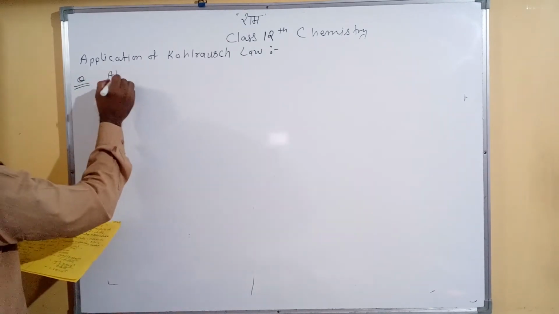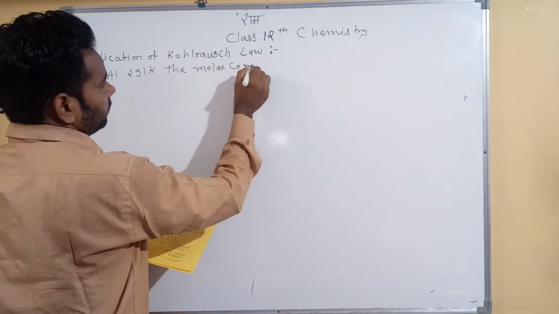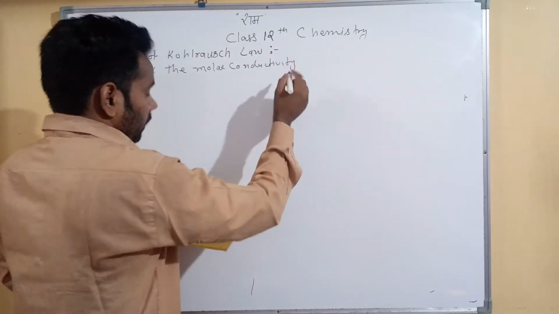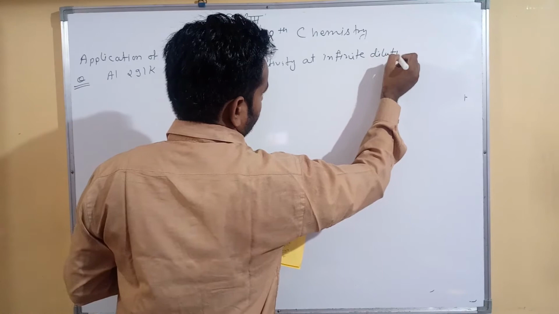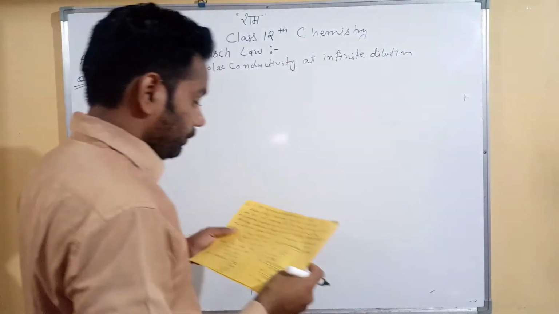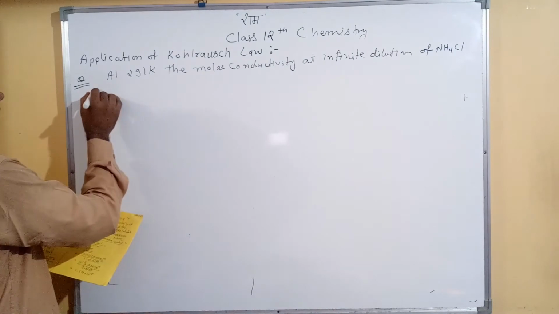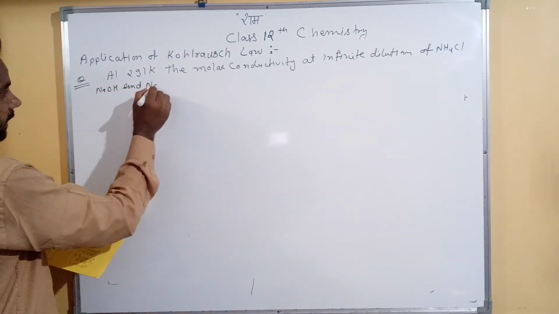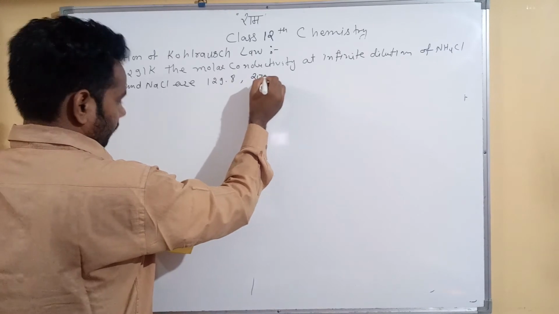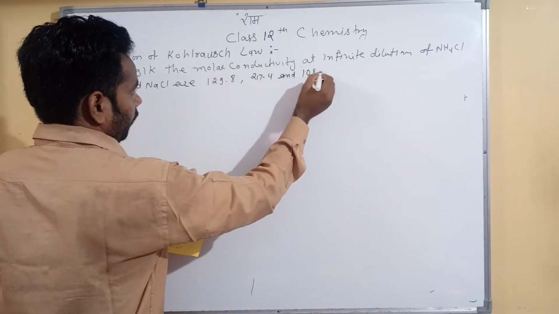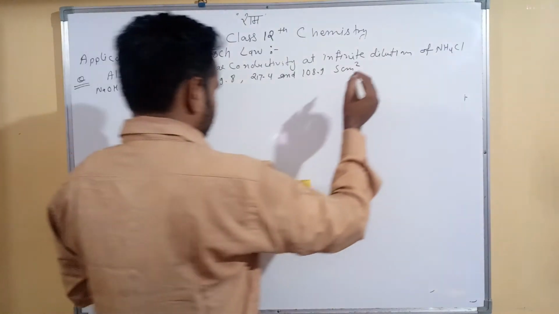Question: At 291 Kelvin, the molar conductivity at infinite dilution, infinite dilution means the limiting molar conductivity, of NH4Cl, NaOH and NaCl are 129.8, 217.4 and 108.9 Siemens centimeter square per mole, its unit, the molar conductivity, respectively.